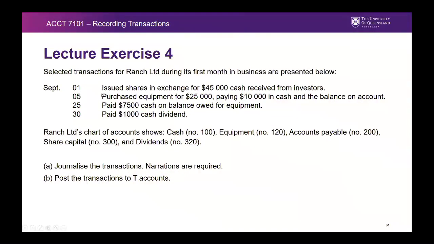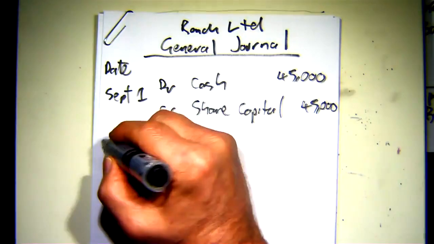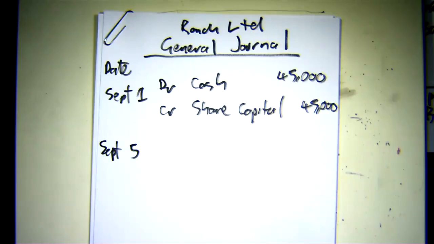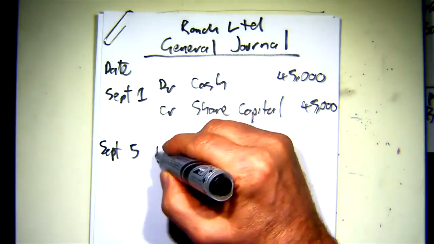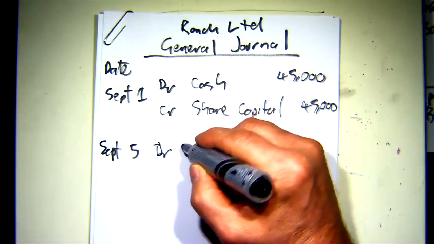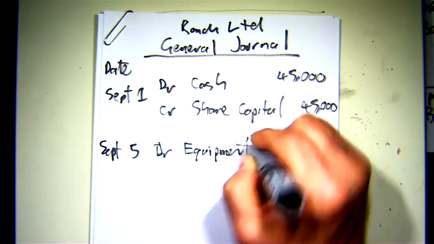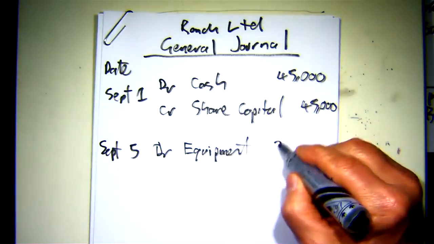So the second one was purchase equipment for $25,000, paying $10,000 in cash, with the balance owing. So September the 5th, I've purchased equipment. Equipment's an asset, so I'm going to debit equipment for $25,000.